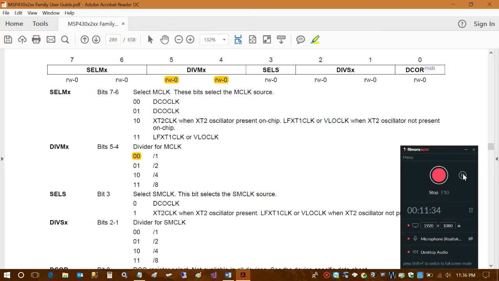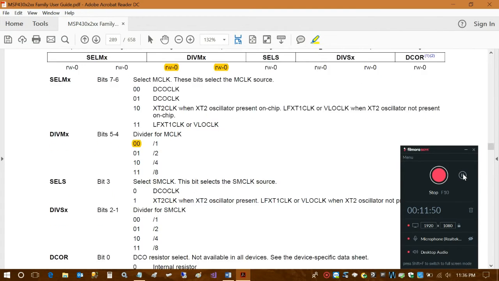And DIVSX is nothing but a prescaler for your SMCLK. Usually in all our projects we will be running the SMCLK as half, and MCLK in the normal clock.